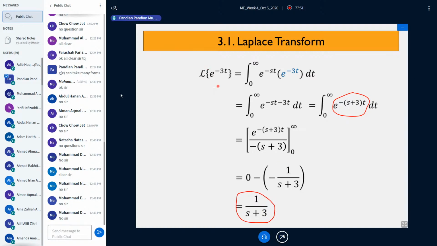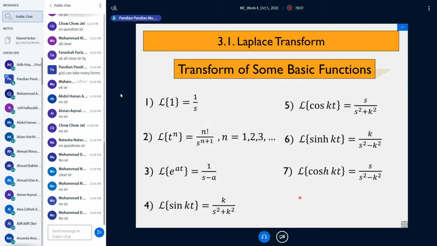So now we already have the table. Laplace of e power minus 3t is 1 over s plus 3. We can collect all these things and put them in the table. This is what we call the table 1 to 7, the most important table.